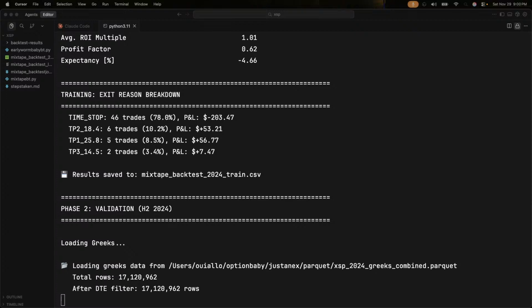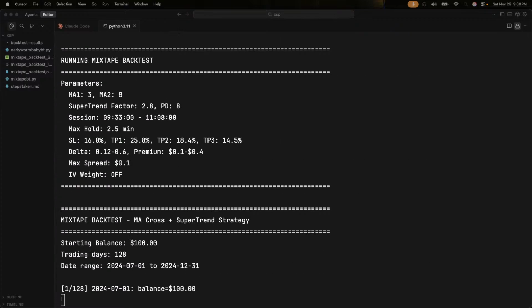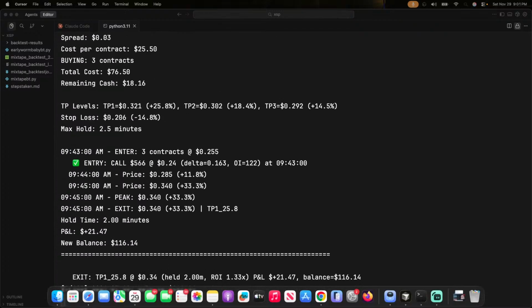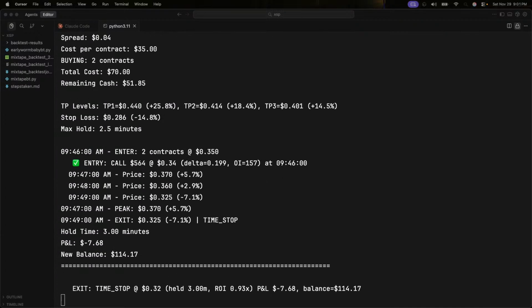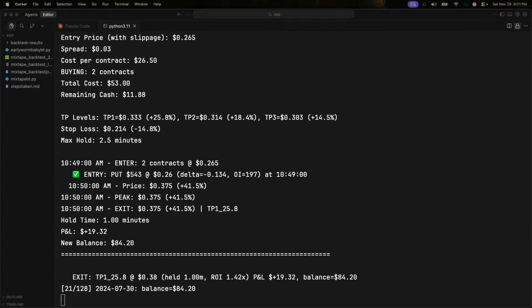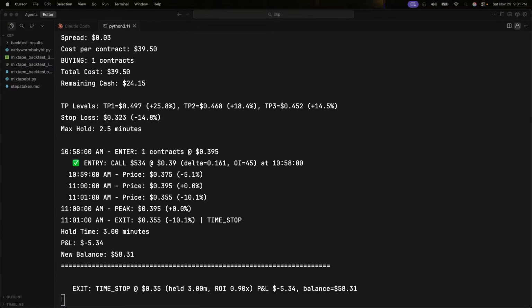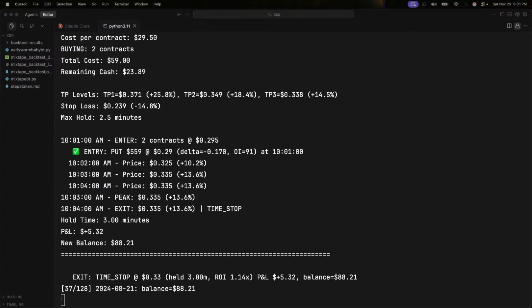Beautiful. All right, here we go. So let's see if Q2 or the validation is a little bit more favorable to us. Interesting.